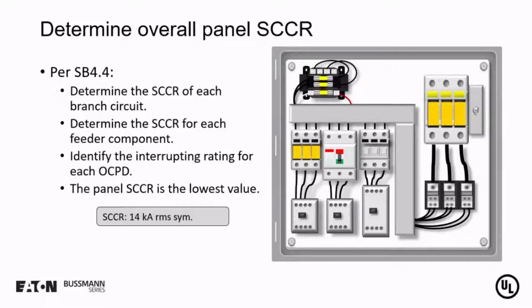And in this case, we obviously did not use feeder components to raise the short circuit current rating of the panel, certainly not with the panel rated 14 kA. So as Dan and I have discussed in previous slides, there are methods for increasing the short circuit current rating of a panel. You can use current limiting devices in the feeder circuit, or you can use a power transformer.